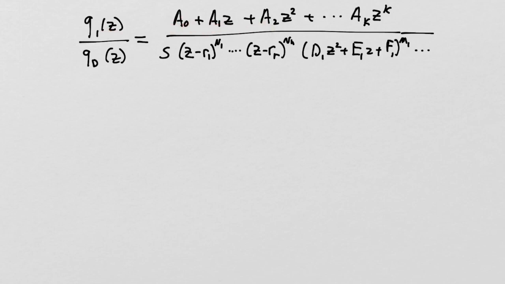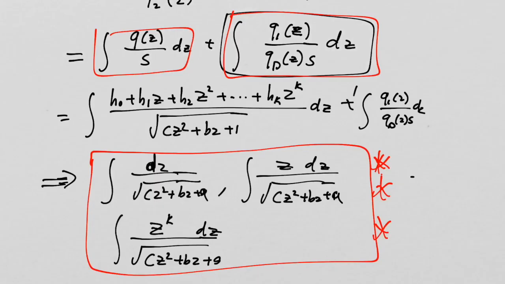Earlier this notation was used for rational functions of Z, but now Z is explicit here, so these go back to being constant coefficients. So here's some polynomial in Z representing Q1. QD, likewise, is some polynomial in Z. Whoops, I forgot there's an S down there. This term is this term here, Q1 over QD with that S.